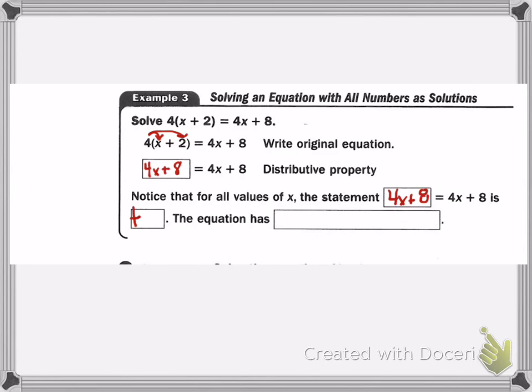So that is a true statement. And this equation has every number as a solution. And we have a symbol for that, and it is like a capital R with a double bar on it. And that means all real numbers work.